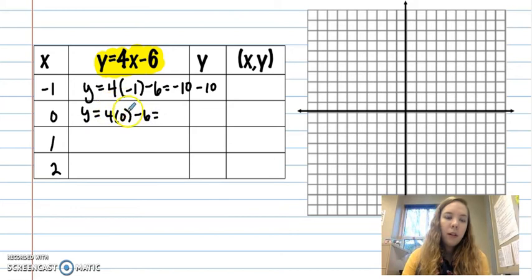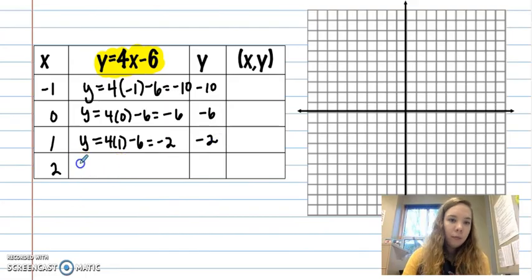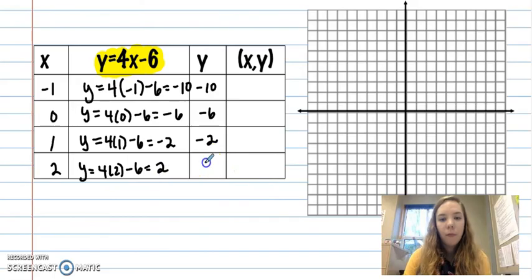So here this would be 4 times 0 is 0, minus 6 is negative 6. Four times 1 is 4, minus 6 is negative 2. Four times 2 is 8, minus 6 is 2. So then my ordered pairs would be negative 1, negative 10, 0, negative 6, 1, negative 2, and 2, 2.